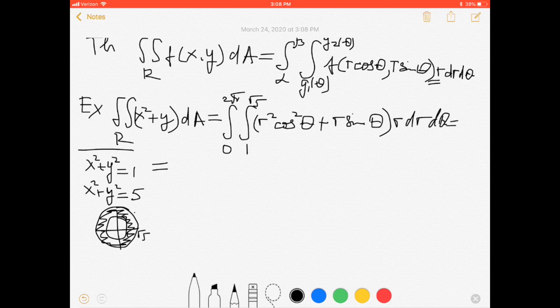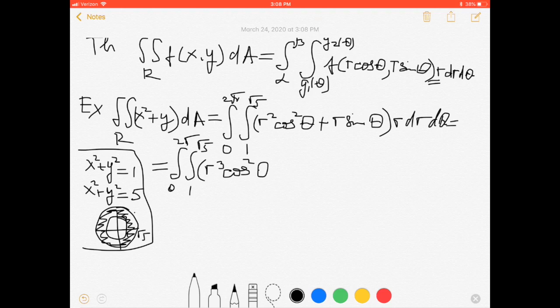We have the integral from 0 to pi, from 1 to square root of 5, of r cubed cosine squared theta plus r squared sine theta dr d theta. This means I multiplied by our r.